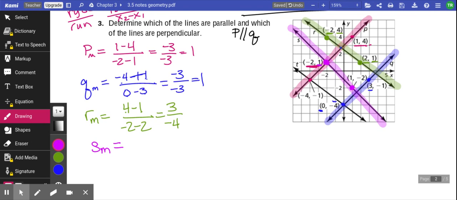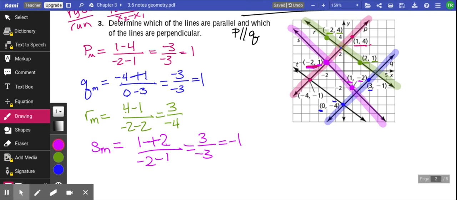So 1 minus -2. I'm going to subtract my x's, -2 minus 1. So here I get 1 minus -2, that's going to be 3. And then I get -3. So this slope is -1.